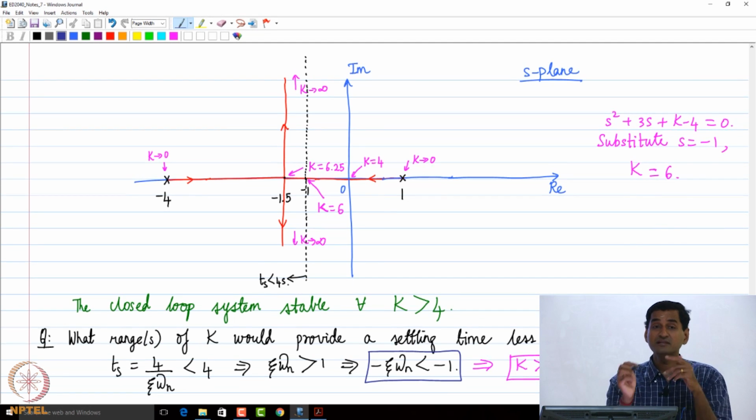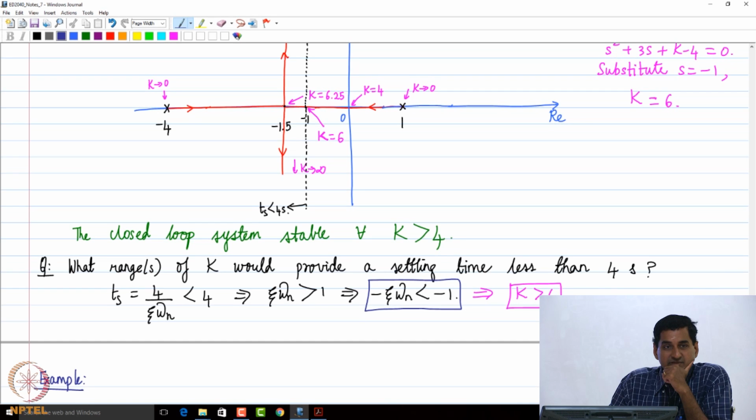Another interesting thing about the root locus is that the plot doesn't scale linearly with K. As we construct more examples, you will see that to travel what we think is a very large distance, the change in K would be relatively small. Sometimes, in another example, you will see that in a very finite distance it would go from 0 to infinity. It depends on the problem, so it doesn't scale linearly as you vary K.